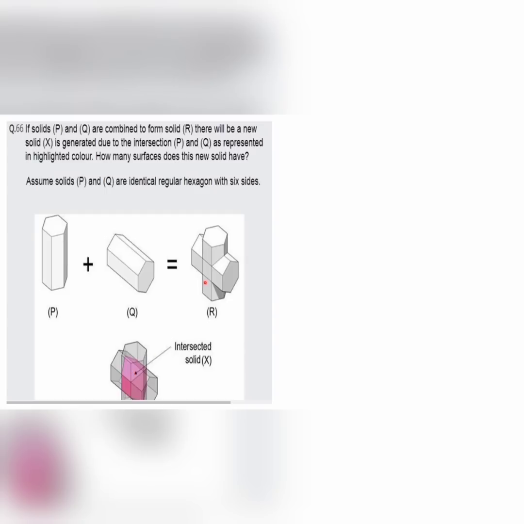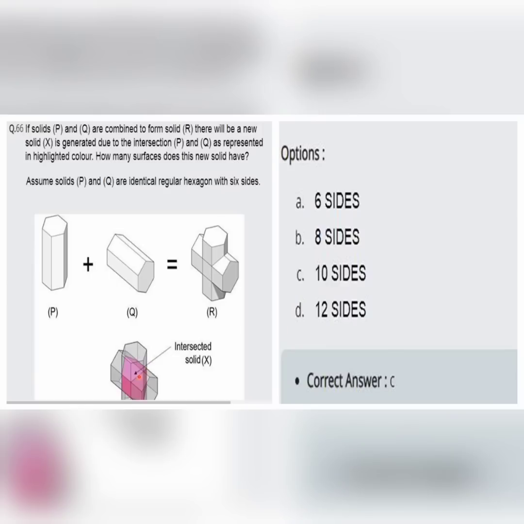Assume P and Q are identical regular hexagons with 6 sides. We have options like 6 sides, 8 sides, 10 sides and 12 sides. If we count these surfaces properly, we will have 10 sides. It can be identified from this figure itself; we have to count the surfaces and find the answer.